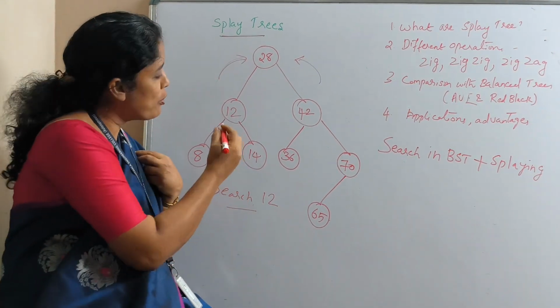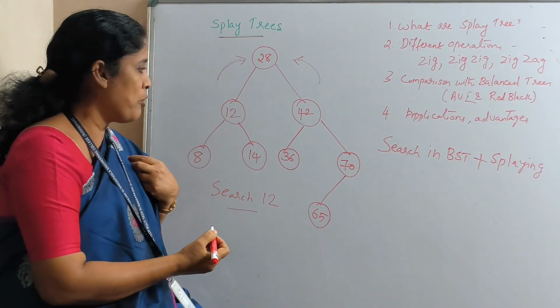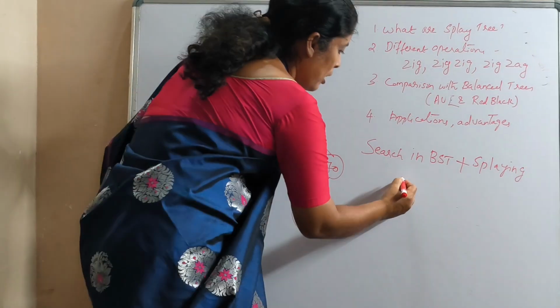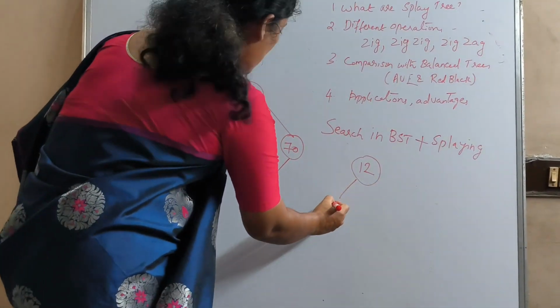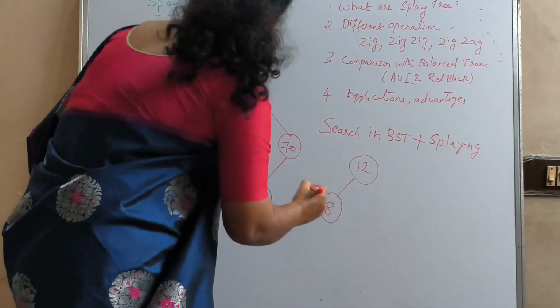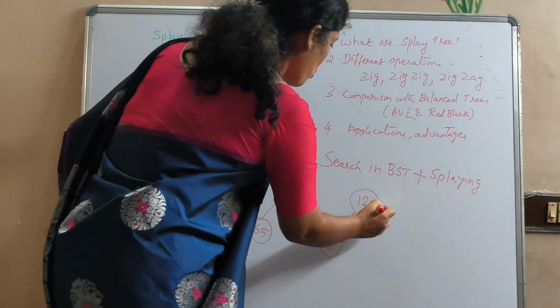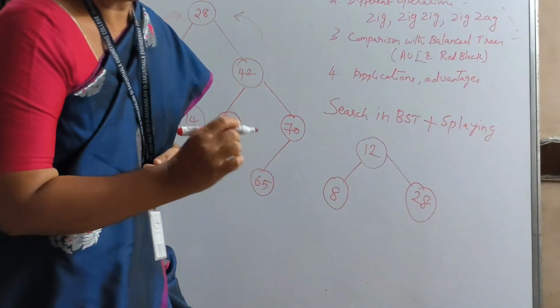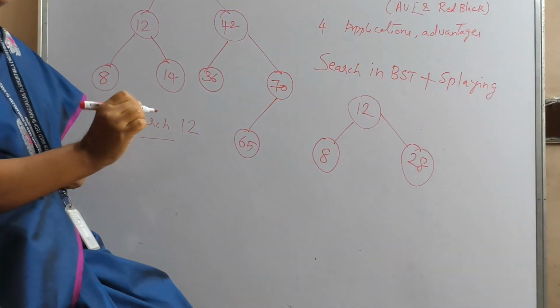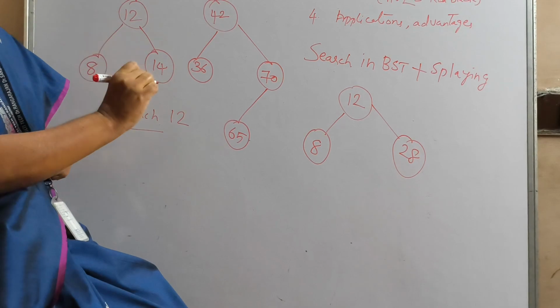After that rotation is done, the tree will be like this. 12 will come here, and your left node is 8 and your right node will be 28. We have to see to that. How do you do it in a balanced binary search tree? In the same way, rotations are done here also.